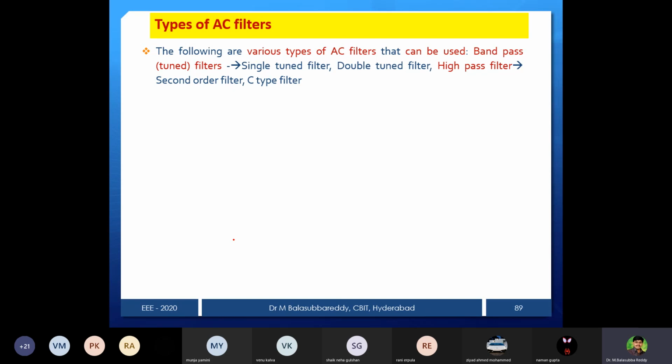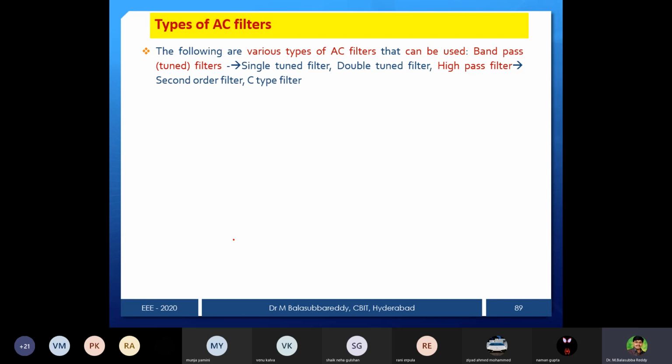Tuned filters are divided into single tuned filter and double tuned filter. As I just mentioned, a single tuned filter is used to filter out a specific order of harmonic, and a double tuned filter is used to suppress two specific frequencies of order.